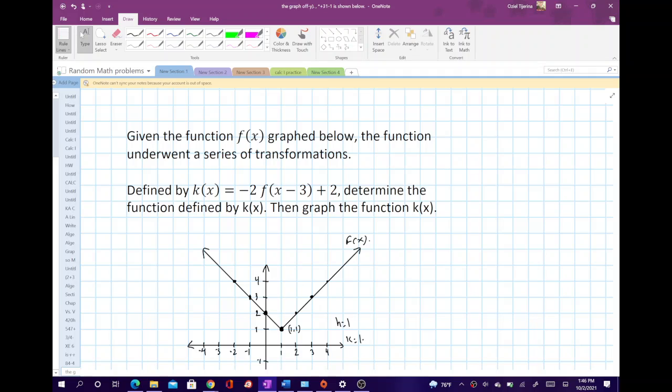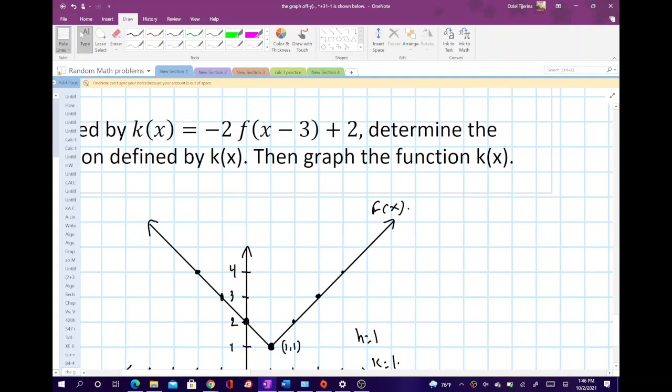So basically, given the function f of x, it tells us that it went through a series of transformations. That just means that it moved in the Cartesian plane; it underwent a specific kind of transformation. We know that the transformed function, k of x, is described by an equation here, which tells us how it transformed from f of x.